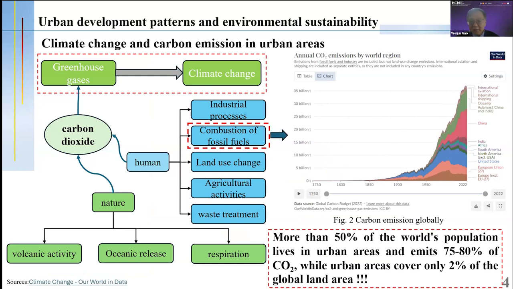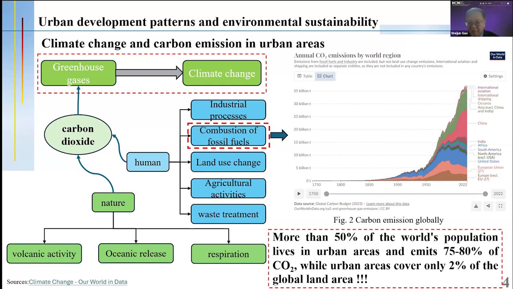Another side is about carbon emission, the main cause of climate change. Carbon emission from fossil fuel consumption is the main reason for greenhouse effects. In this process, urban areas are the most intensively carbon emitting regions.